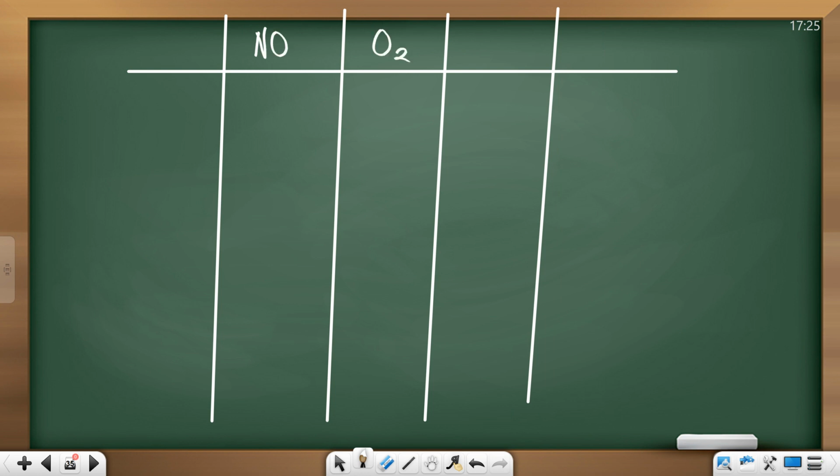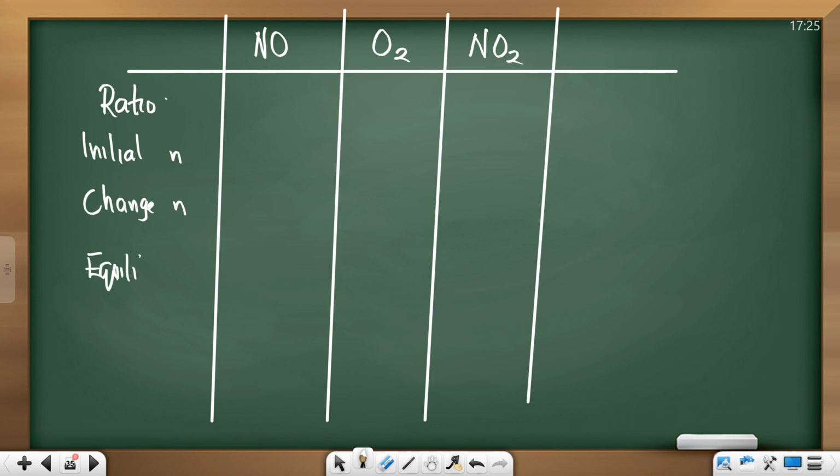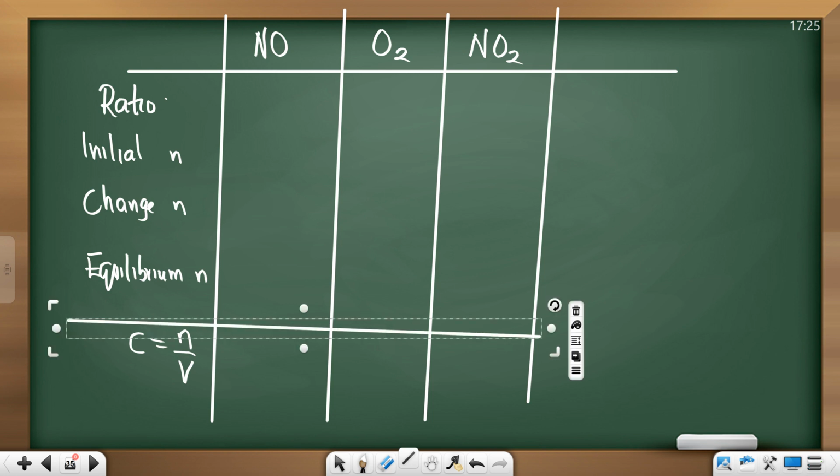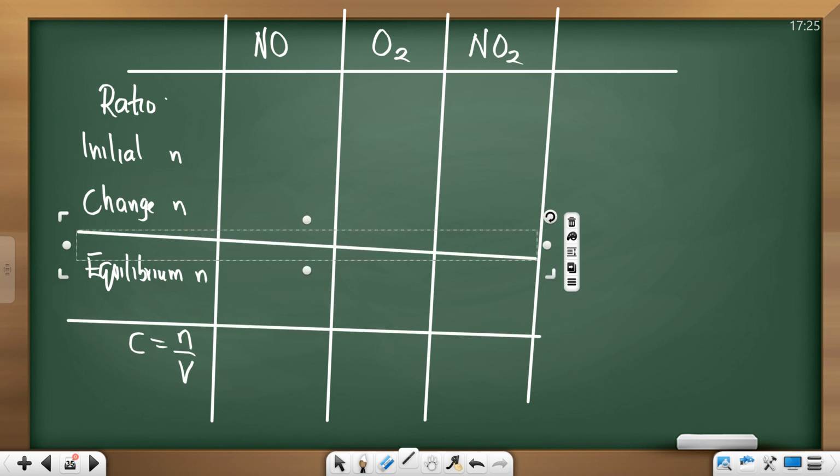Nitrogen monoxide, oxygen, and nitrogen dioxide. Ratio, initial number of moles, and what? Equilibrium number of moles. And here, concentration: number of moles divided by volume. Set your table before you start calculating.